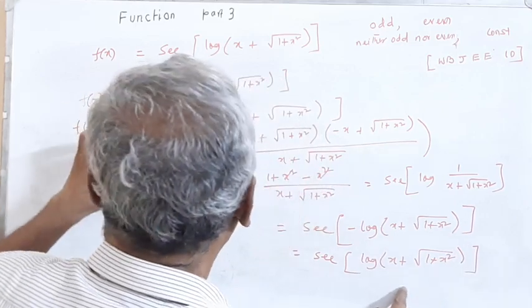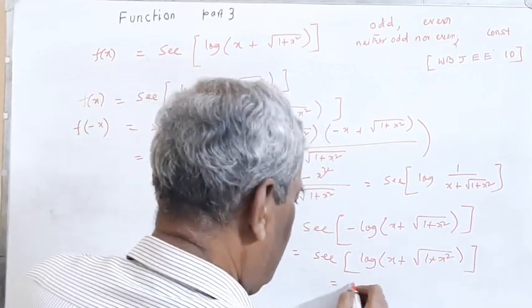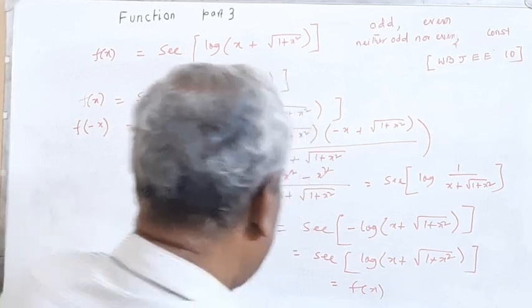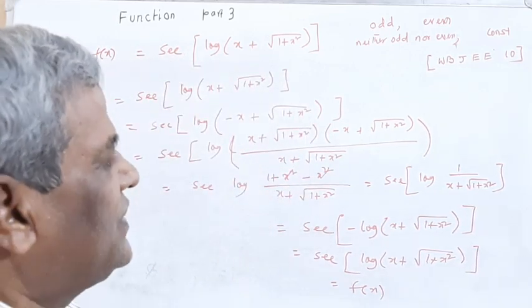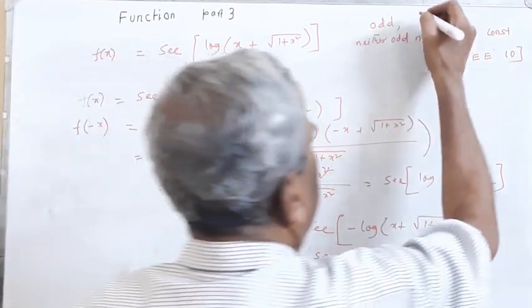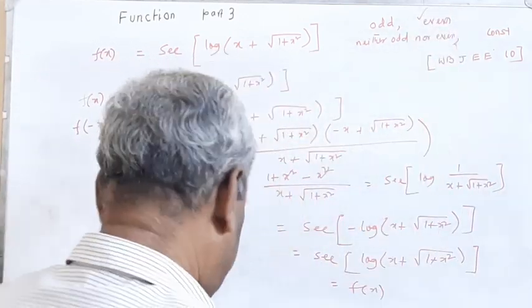This is simply nothing but f(x), so that we get f of minus x is equal to f(x). So the function is an even function.